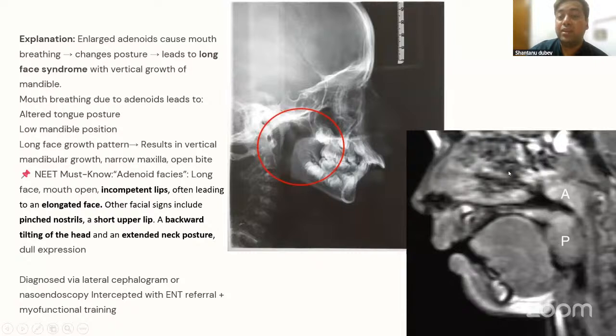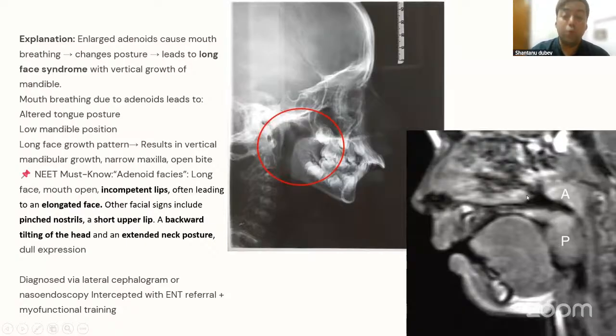That is the closure, the end of the upper airway. Whenever there is hypertrophy of the adenoids, which happens up to a certain age and then starts resolving, at that point of time the airway is compromised.